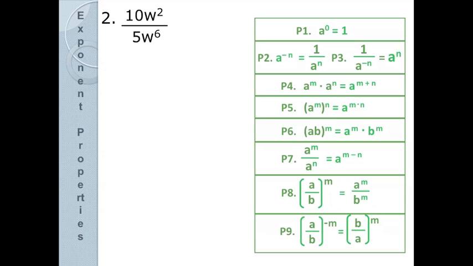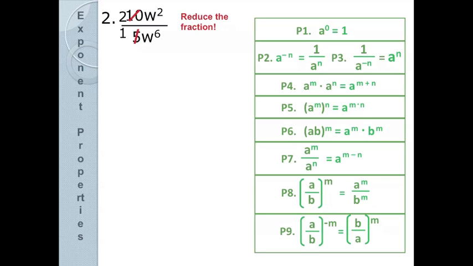Example number 2. We have 10w squared over 5w to the 6th. First, we'll need to reduce the fraction. We have 10 over 5, which both are divisible by 5. 5 can go into 10 2 times, and 5 goes into 5 once.